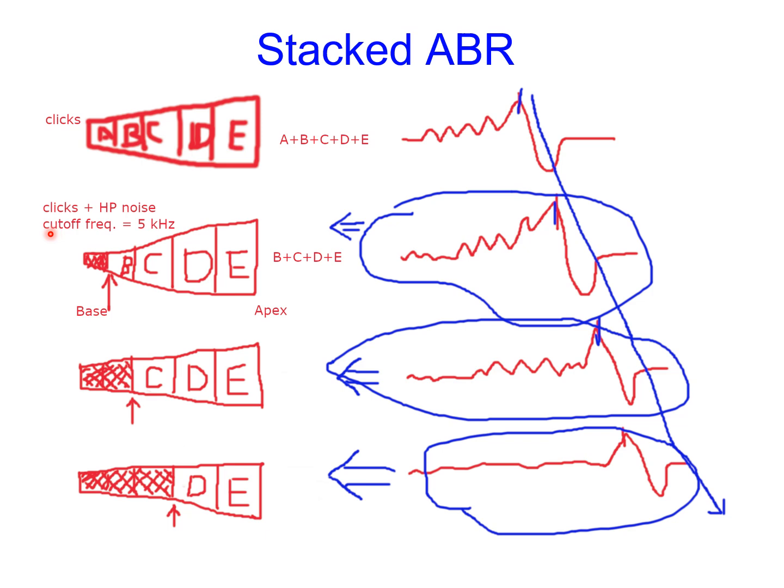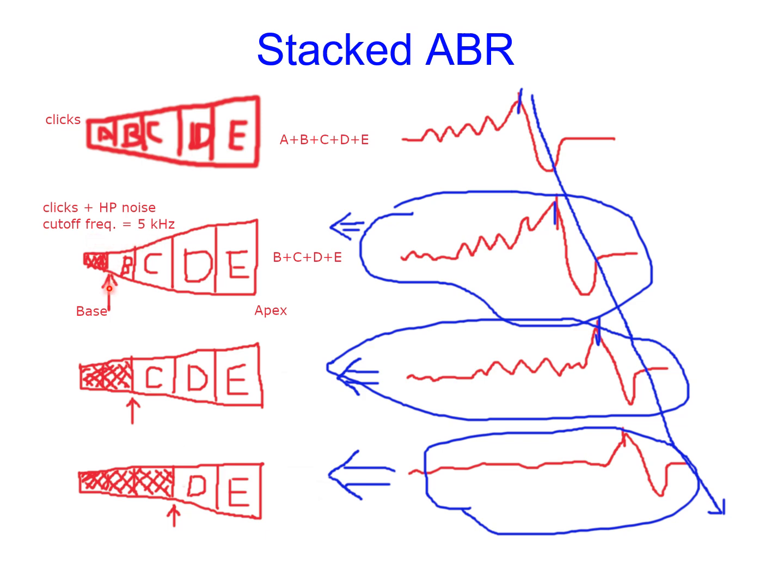For the derived response paradigm, the second condition is we deliver clicks together with ipsilateral high-pass masking noise. In this case, let's say we set a cutoff frequency at 5000 Hz. It could be at any frequency you like, but I use 5000 Hz just as an example for now. So in the second condition, we have acoustic clicks plus ipsilateral high-pass masking noise with a cutoff frequency at 5000 Hz.